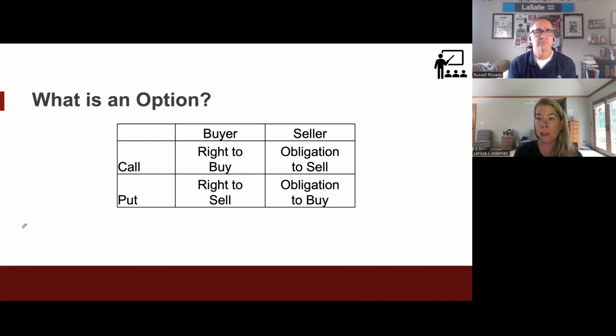In that contract, it is not an option, but a contractual obligation. So if you are a seller of a call option, you're contractually obligated to sell to the person who's buying the right to buy. If you're the seller of a put option, you're contractually obligated to buy from the person who bought the right to sell.